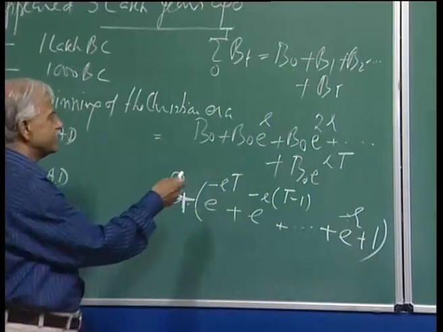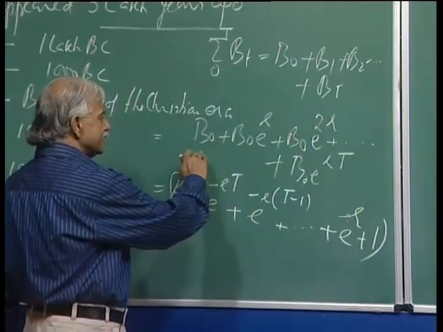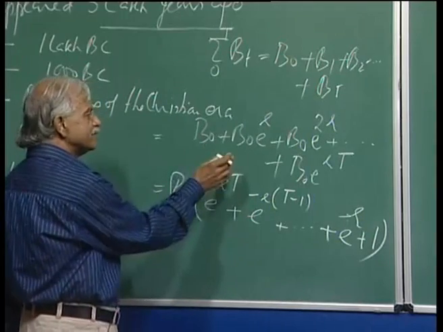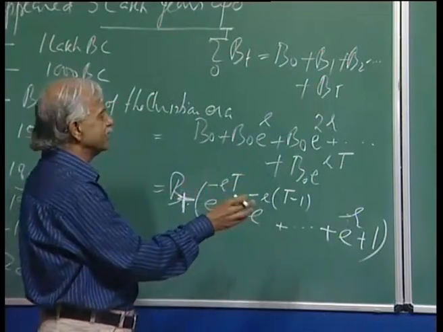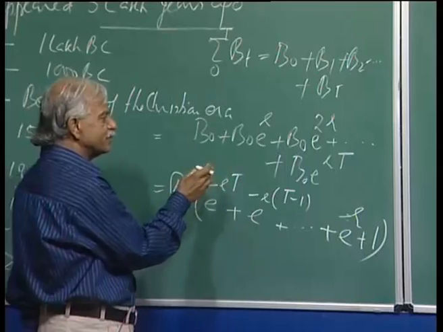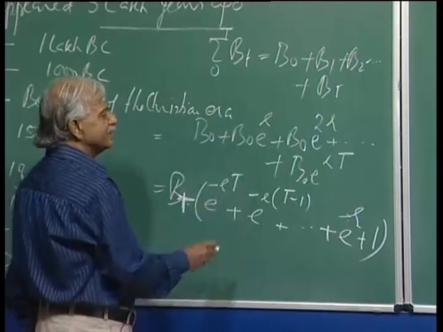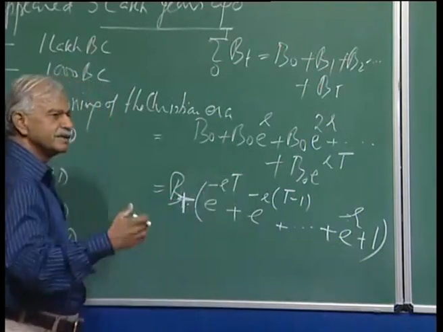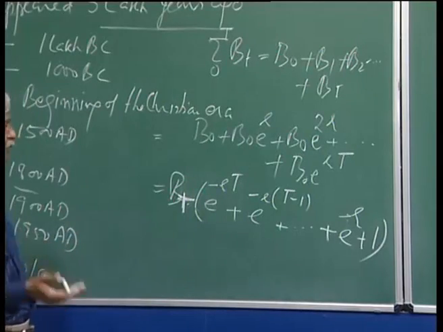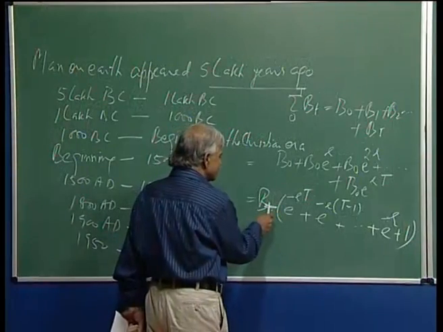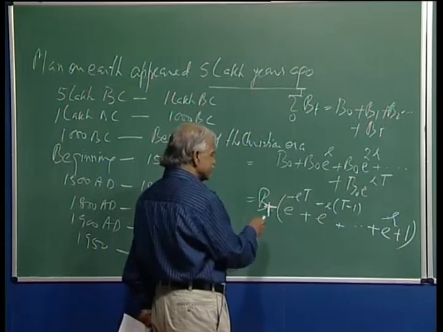So, what I have written here is births in a particular year as a multiple of two things: births in the initial year multiplied by the proportion by which births have grown. Here I have taken B capital T. There is a reason for that.